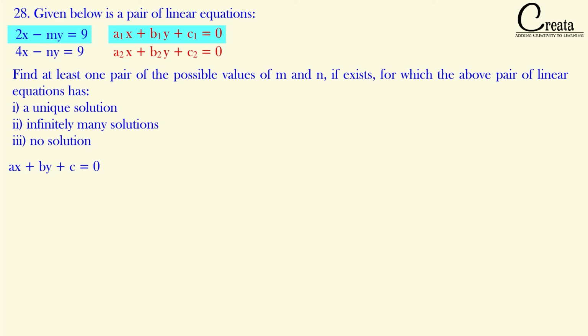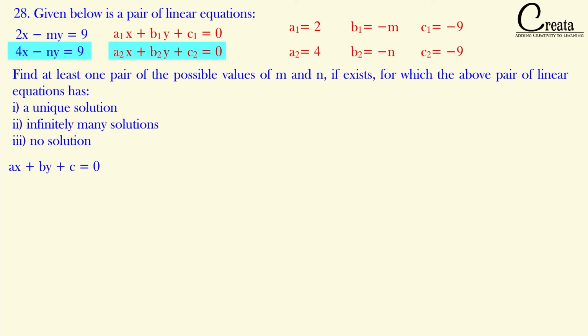If we talk about the first equation, here a1 will be 2, b1 will be minus m and c1 will be minus 9. We have just taken the 9 on the left hand side. For the second equation, a2 will be 4, b2 will be minus n and c2 will be minus 9.